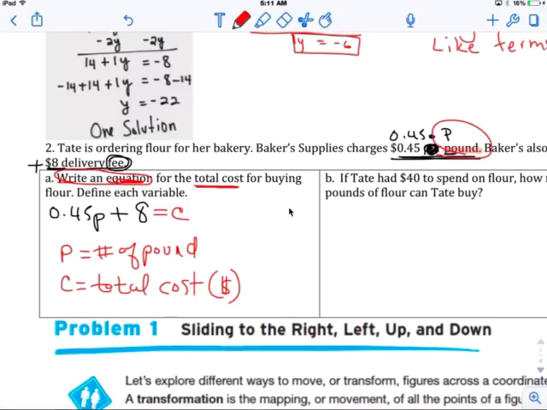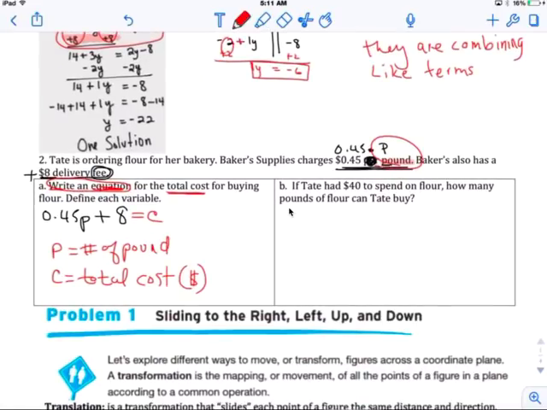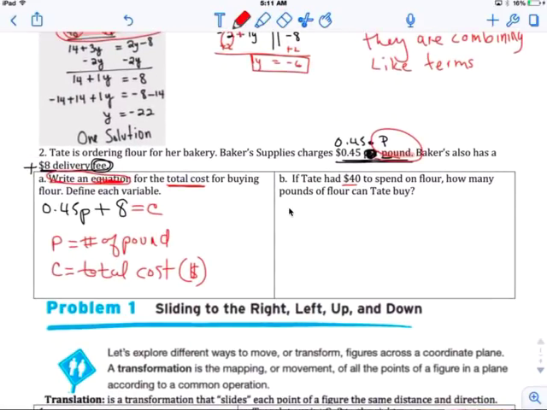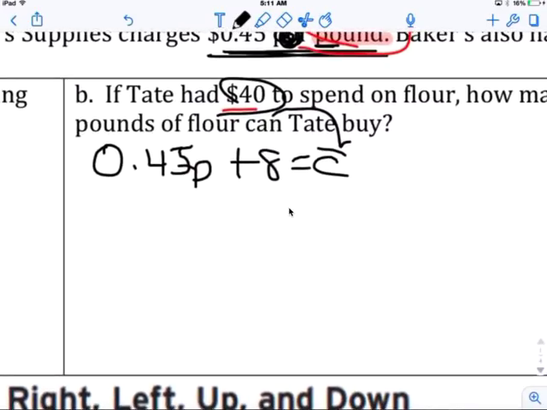This is weighed in pounds, but if Tate had $40 to spend, okay, so 0.45p plus 8 equals C. $40 goes under C because P represents pounds. So cost is the dollar amount right here, so it goes in there.